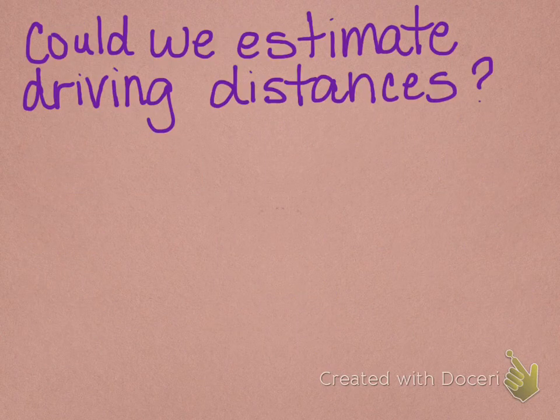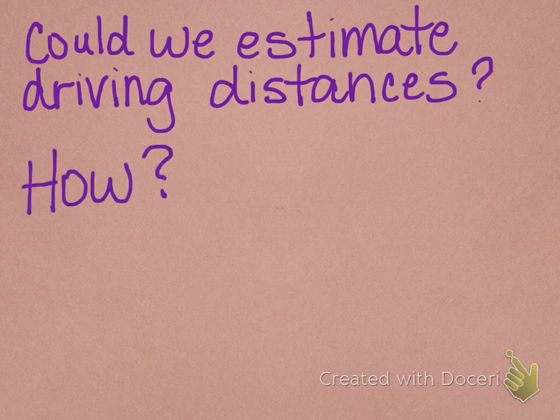Alright, so with that information that we had on the last screen, could we estimate driving distances? Is there a way to estimate driving distances? Yes, there is. Now, how would we do it?